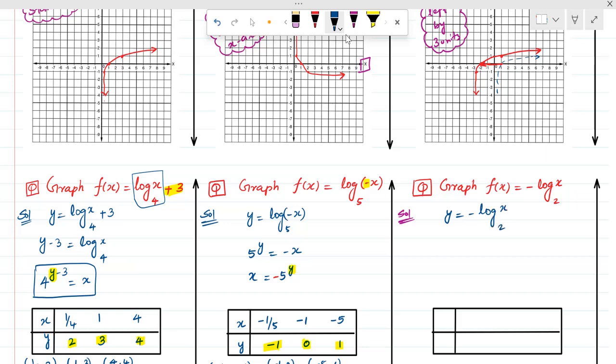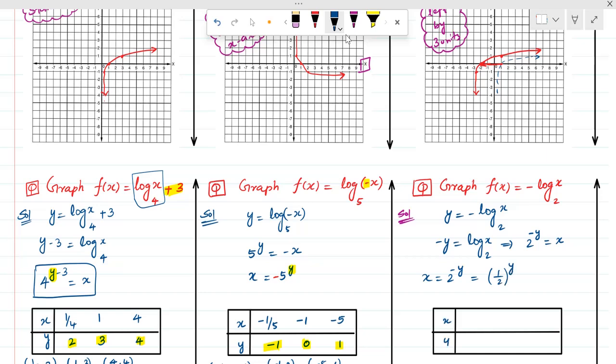If I move the minus here, it becomes minus y equals log base 2 of x. Write it in the exponential form, 2 raised to the power minus y equals x. Therefore, x equals 2 to the power minus y. So it can be written as 1 over 2 to the power y.